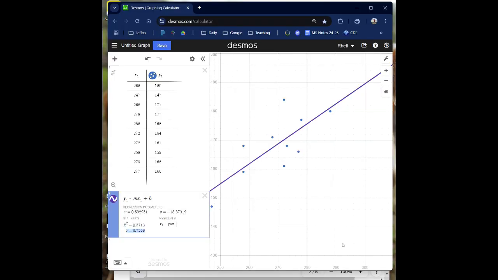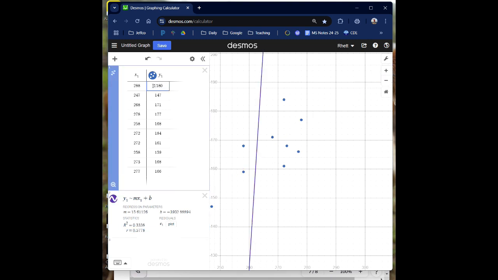Let's see, where is it? So if we change this to like 100, let's do 190. So we'll do 190. How about the next one? We can do like 259. Oh, let's not do that one. Let's do 200. We don't want it to flip all the way around.